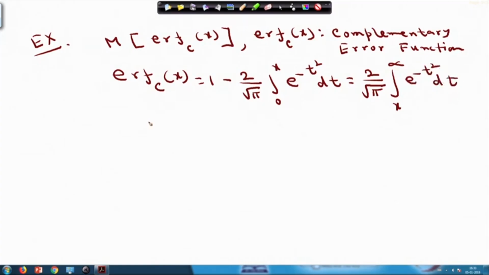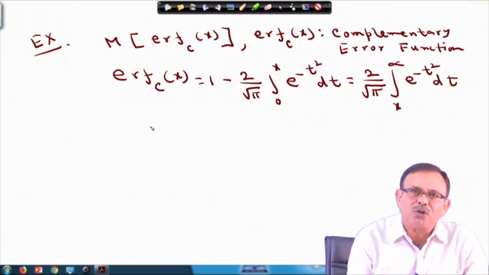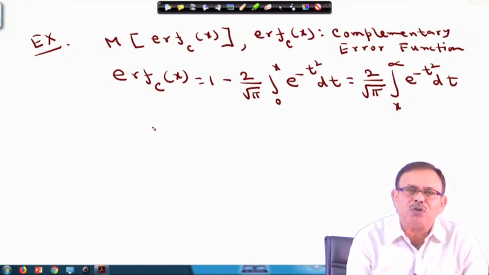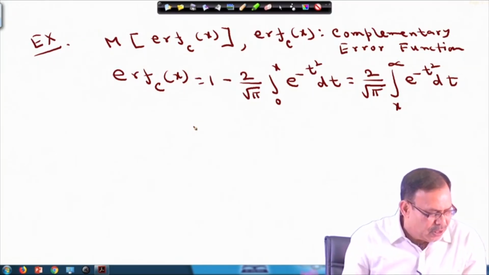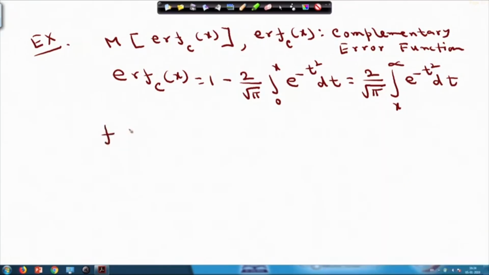So, complementary error function equals 1 minus 2 by root pi integral 0 to x e power minus t square dt, that is 1 minus error function of x, or I can write it as 2 by root pi integral x to infinity e power minus t square dt. So, I have to find out the Mellin transform of the complementary error function of x. Now, I am starting with this.